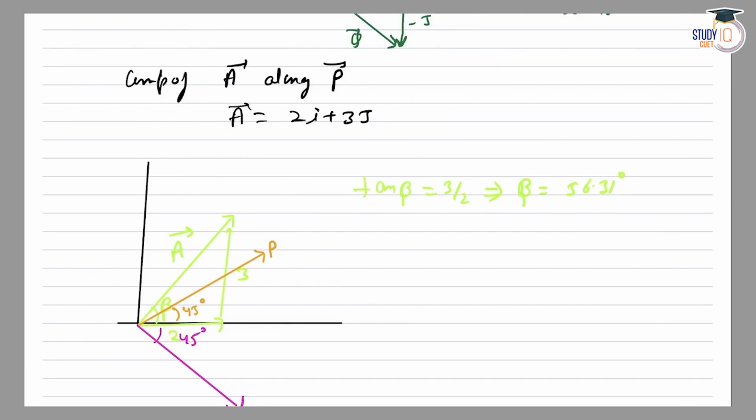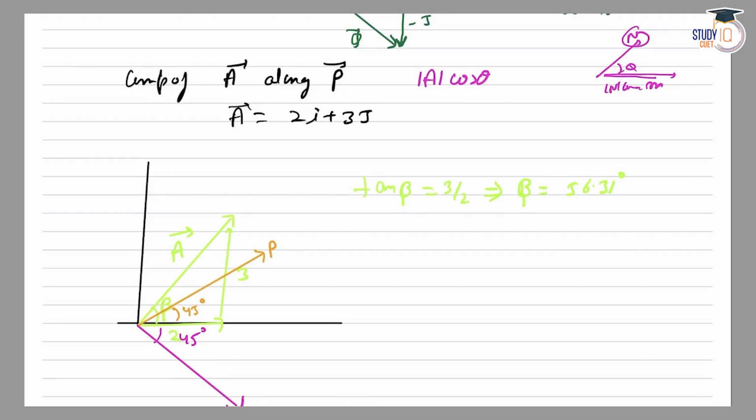So the component of a along the p vector is equal to mod a cos theta. Just like for n and m, the component of n along m is mod n cos theta.